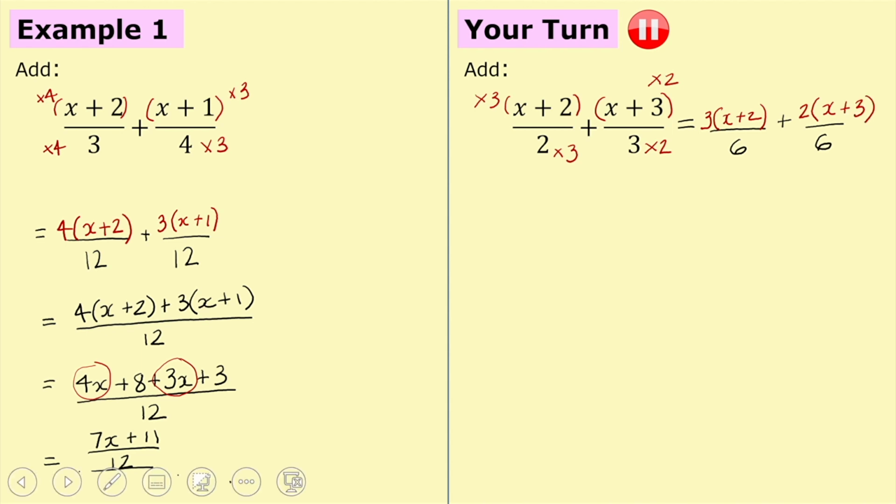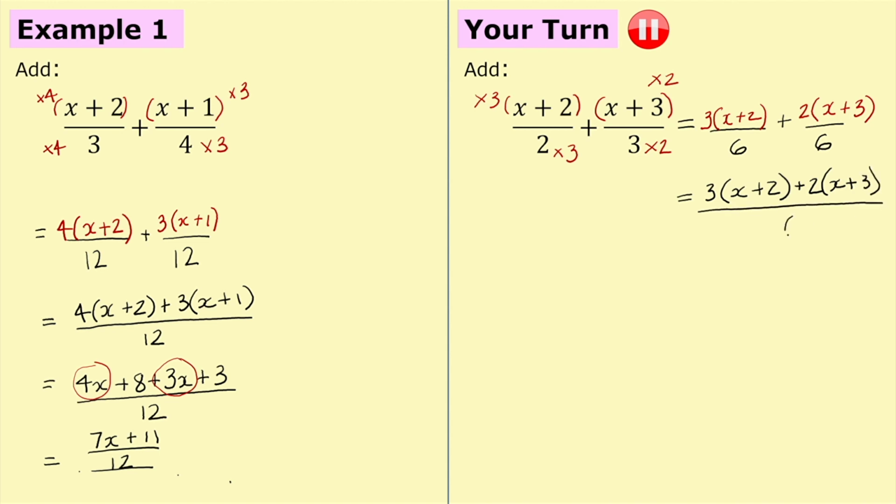Okay, and once we've done that, we can then go ahead and write it out as an entire fraction. So 3 bracket x plus 2 plus 2 bracket x plus 3, and this is all over 6. Once we've got that, we now need to multiply out our brackets.